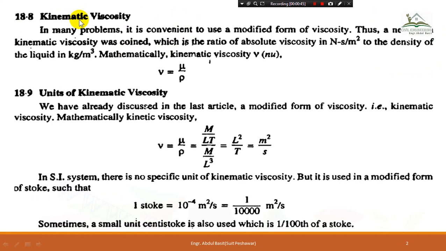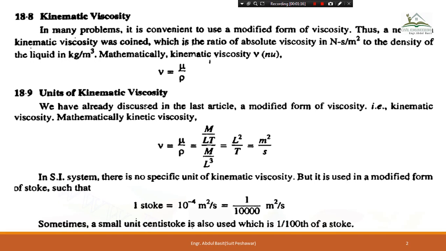First of all, what does kinematic viscosity mean? As I mentioned in the first slide of the previous lecture, viscosity is a resistance to the flow of liquid, a resistance to a change in shape of the fluid. But density is mass per unit volume.